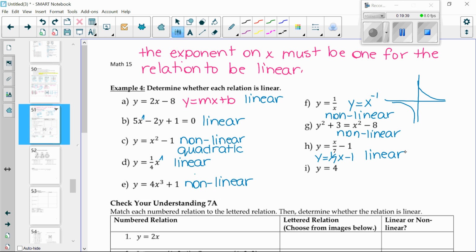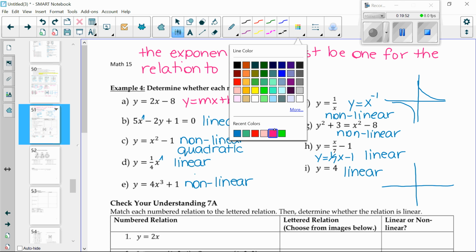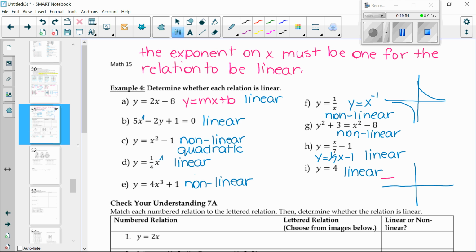This one we should recognize as a horizontal line, so this one is linear. Passing through y equals 4, our graph is going to look like this. Where y is equal to 4, I've got a straight line.